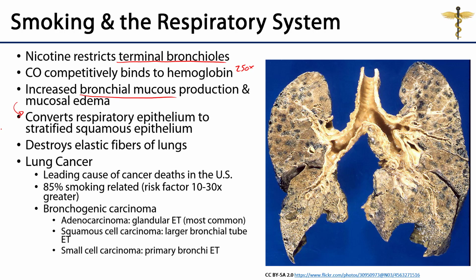But over a long enough period of time, through smoking, you lose this mucus elevator, and it's converted to stratified squamous epithelium. And so, these substances don't get cleared from the lungs, and this is the basis behind smoker's cough.